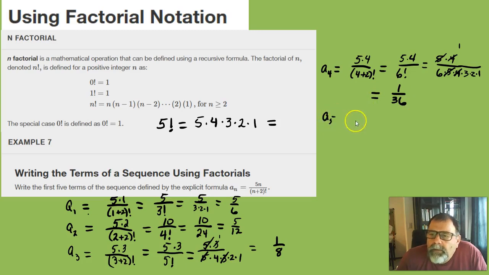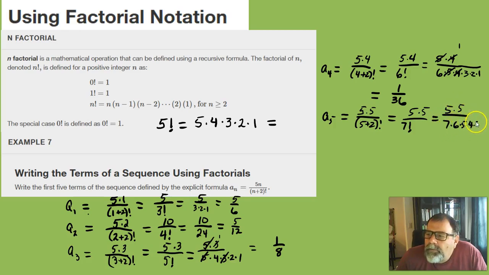And then finally, 5 times 5 over 5 plus 2 factorial. Again, I'm not going to multiply this because I'm going to cancel. So that'd be 7 factorial. 5 times 5 over 7 times 6 times 5 times 4 times 3 times 2 times 1. So just one 5 cancels.